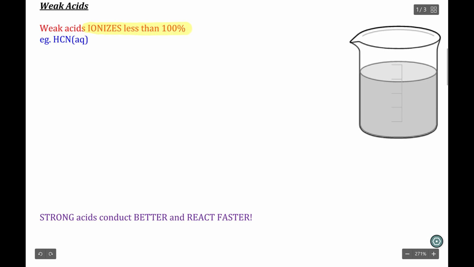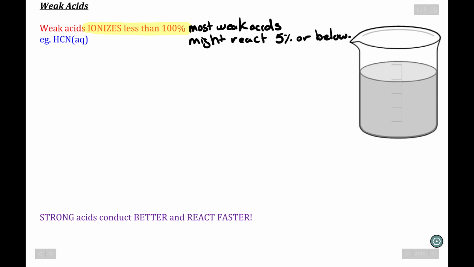Now, in reality, most weak acids might react from 5% or below. Some acids react fractions of a percent with water. So again, strong acids react with water 100% to produce hydronium, whereas a weak acid reacts a lot less.